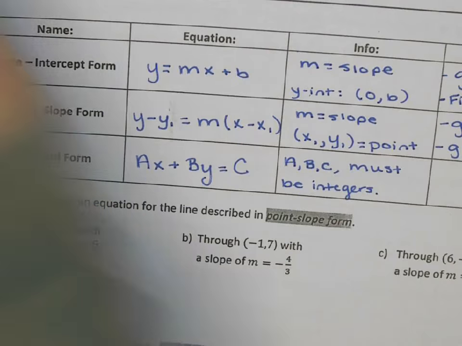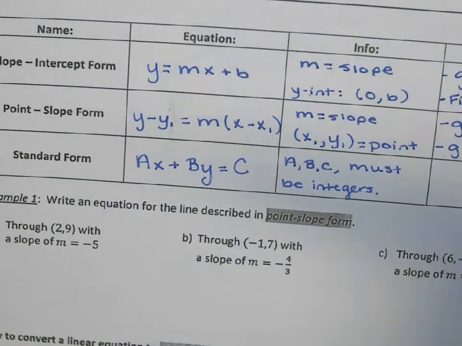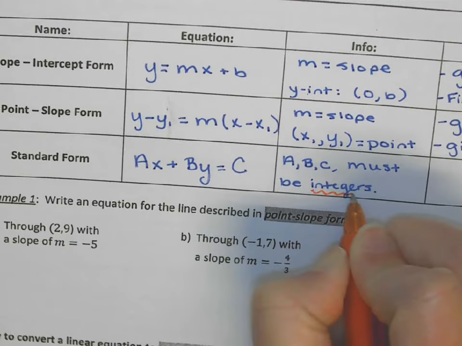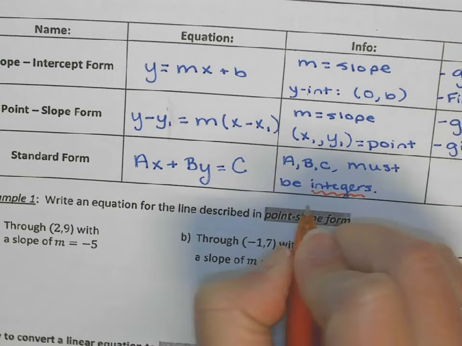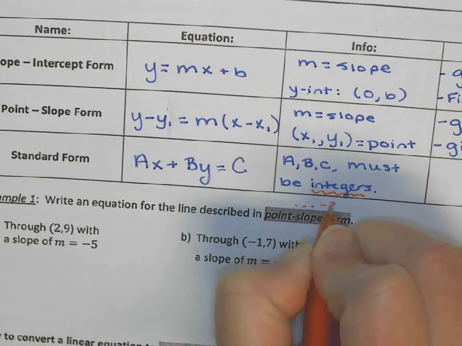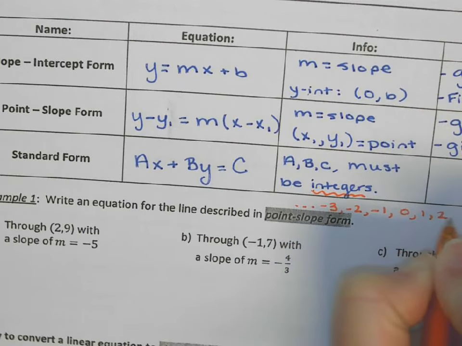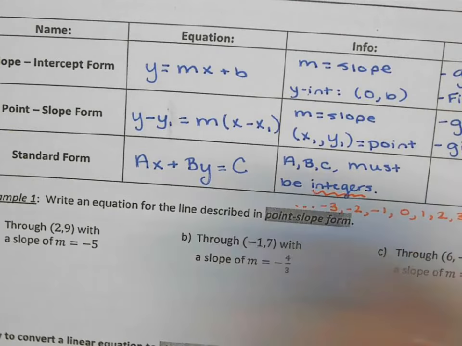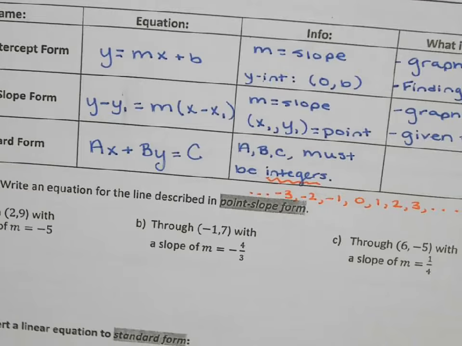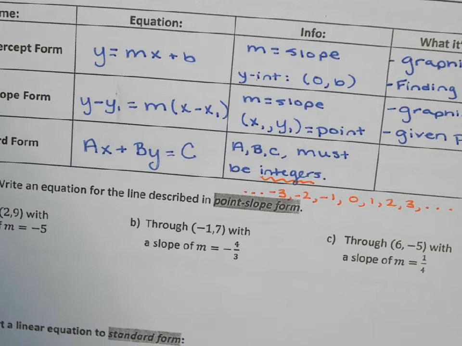So this word integers, if you need to write it down, this is something that you guys have been asked multiple times. These are numbers like -3, -2, -1, 0, 1, 2, 3, so on and so forth in both directions. Okay? They're the positive and negative counting numbers along with the 0.